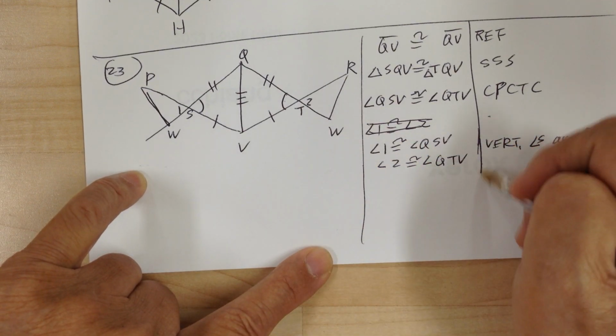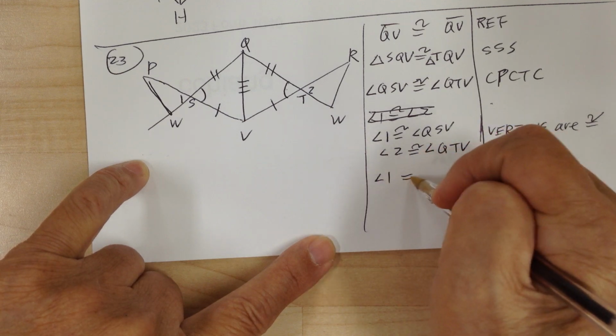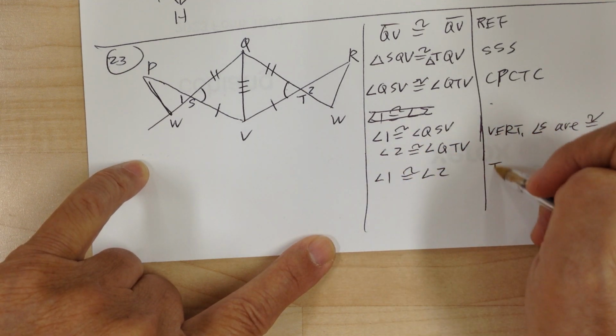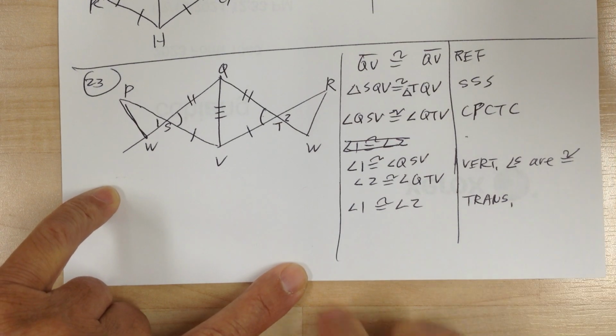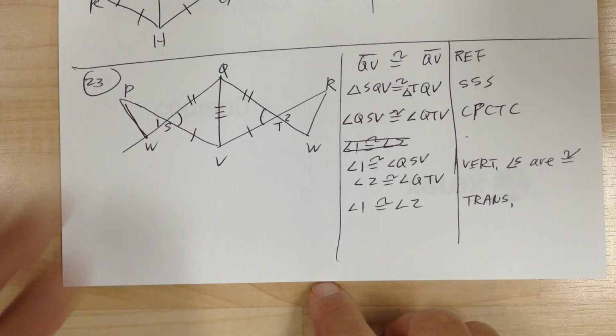Then after that, you can say that angle 1 is congruent to angle 2, and this would be the transitive property. And that's it.